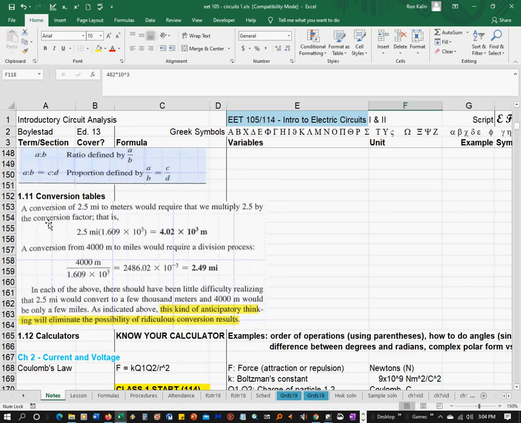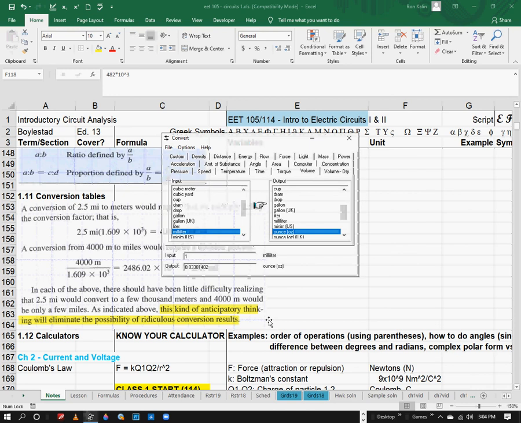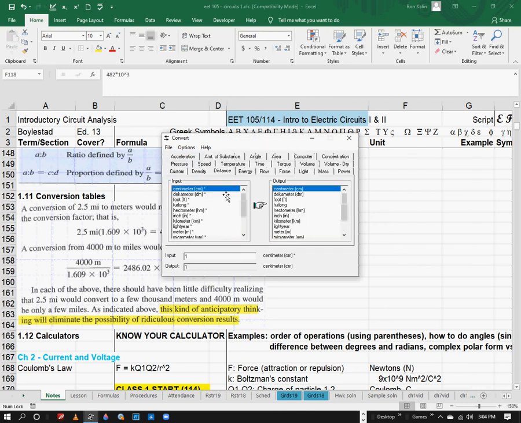Conversion tables, 2.5 miles to meters, require that we multiply 2.5 by a conversion factor. I like to use ones on the computer, which would be like a converter, something like this, where you can convert any kind of variable to another one.